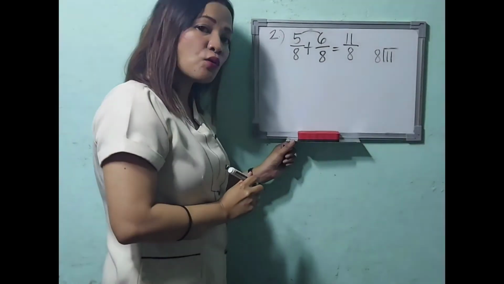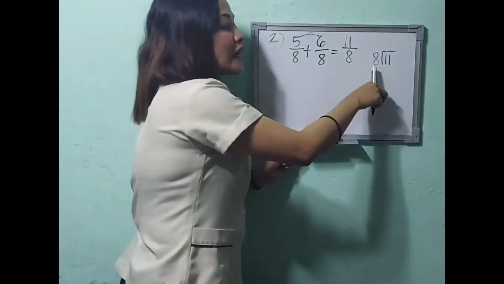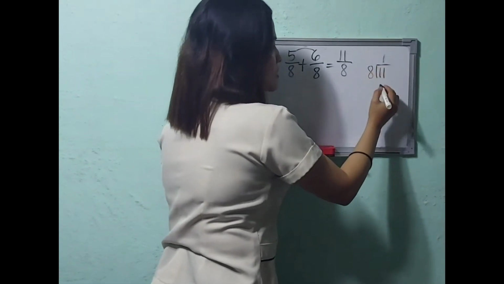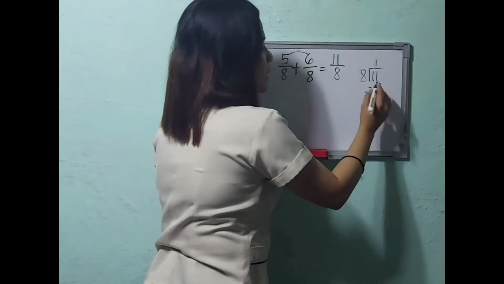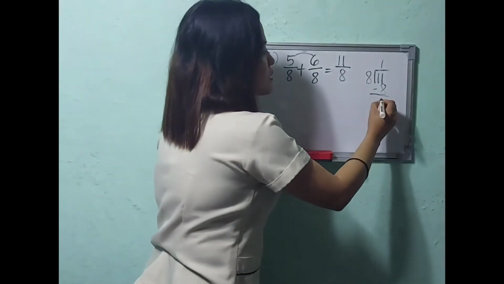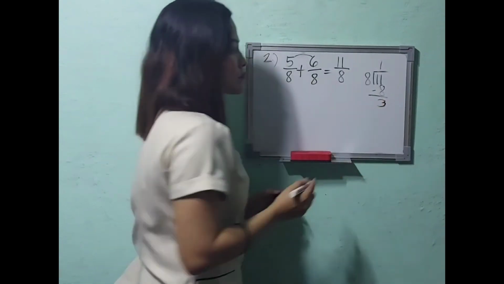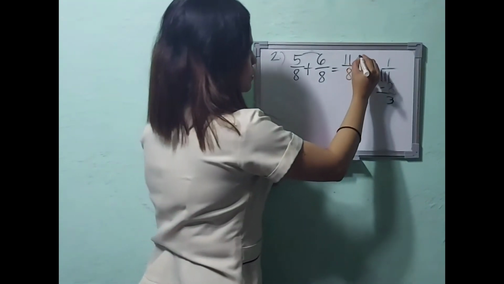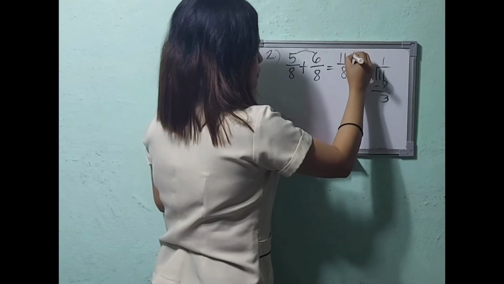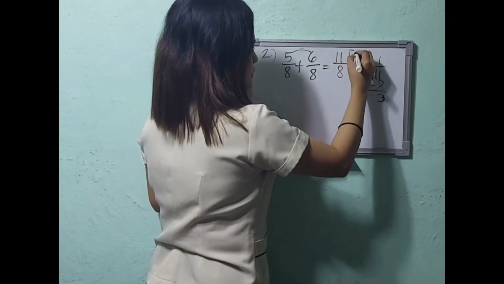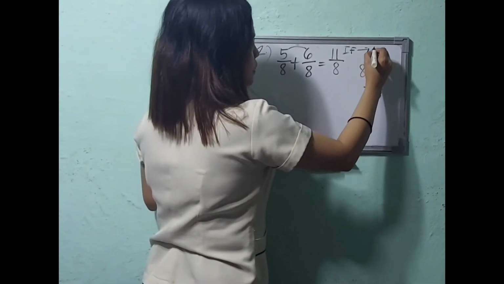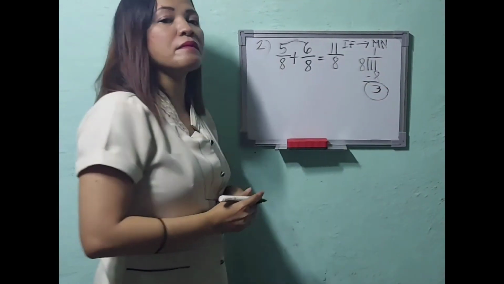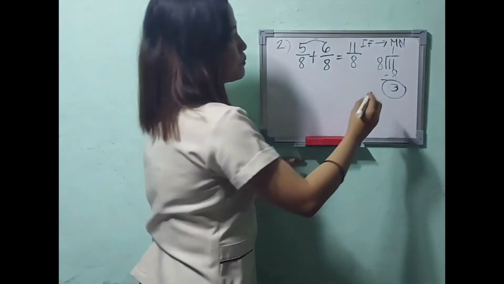11 divided by 8 equals, or ilang 8 meron sa 11? We have 1. 1 times 8 equals 8. And 11 minus 8 equals 3. In changing improper fraction to mixed number, the remainder will become our numerator.